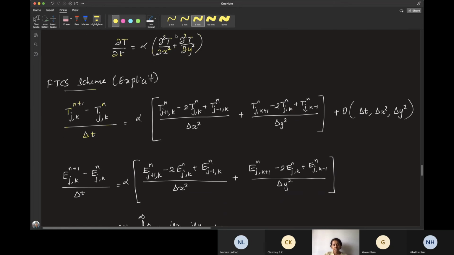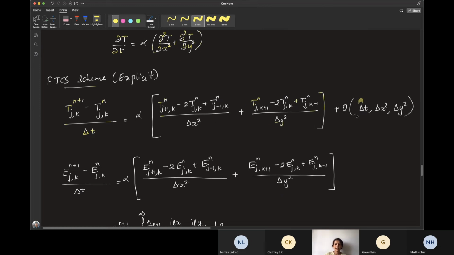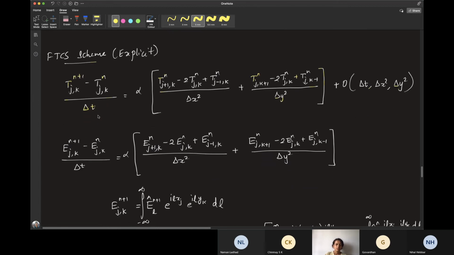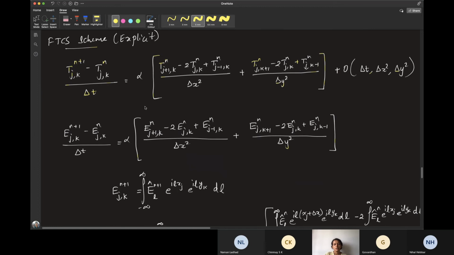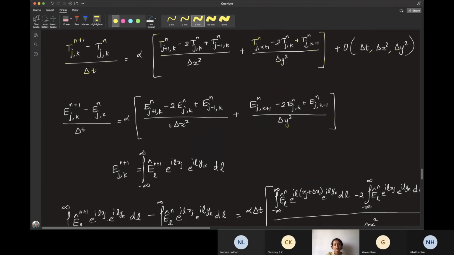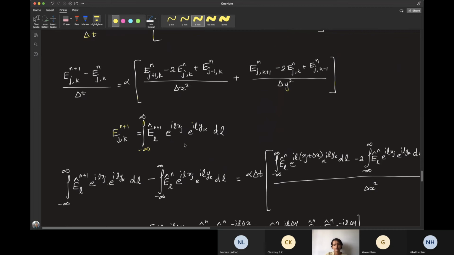And this is central in space for both the terms. So this is of order delta t, first order in time and second order in both the spatial directions. Since this also is a linear equation, the error equation will also follow the same expression as this one. We have seen it previously. So now going about with the Fourier transform.